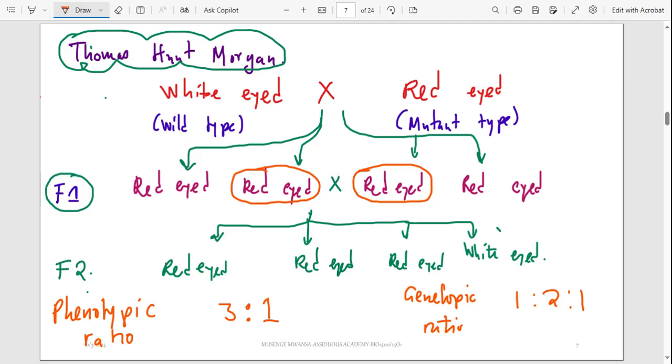So what I just want to mention now is that these experiments which were done by Thomas Hunt Morgan using Drosophila melanogaster were just to confirm that the work which was done by Sutton and Boveri in their chromosomal theory was actually true. And that as well suggested that Mendel's experiment was correct.